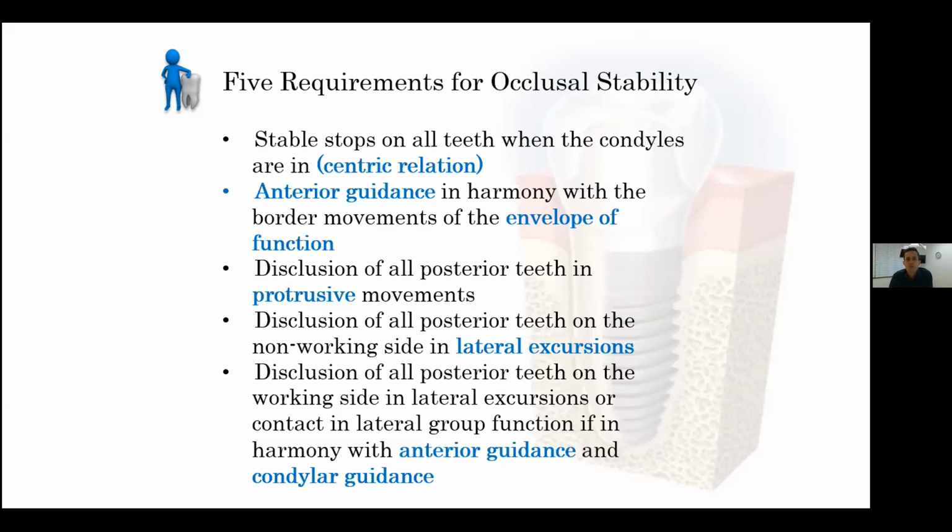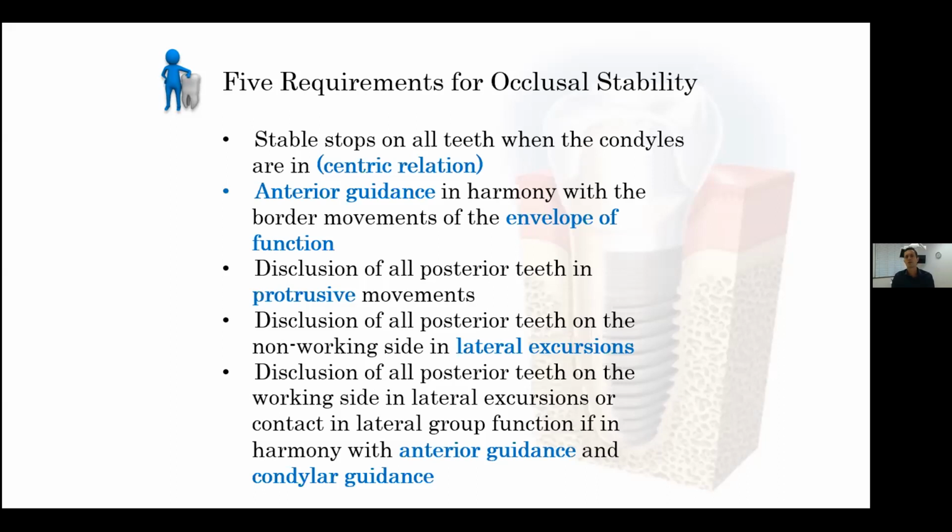The next point is we want anterior guidance, but we don't just want any old anterior guidance. We want an anterior guidance that is in harmony with the envelope of function. And we'll talk in a moment about that envelope in detail. And then the last 3 requirements all pertain to the posterior teeth. So what we want for the posterior teeth is immediate disclusion. We want immediate disclusion during our protrusive movements, and we want immediate disclusion most definitely on the non-working side during lateral excursions.